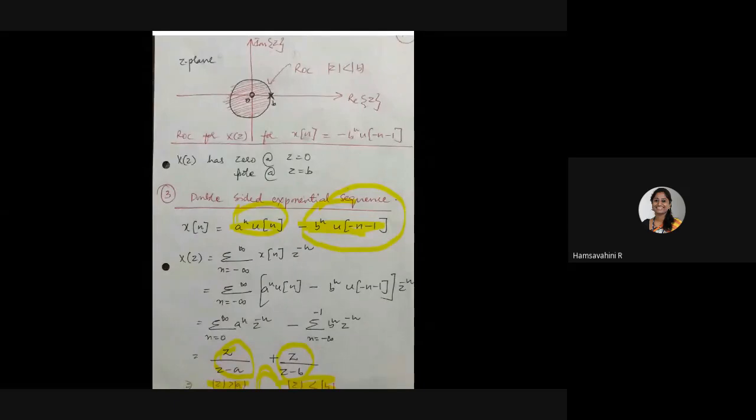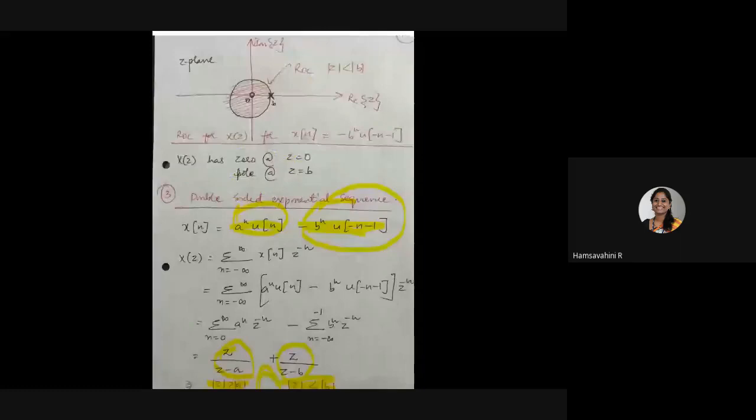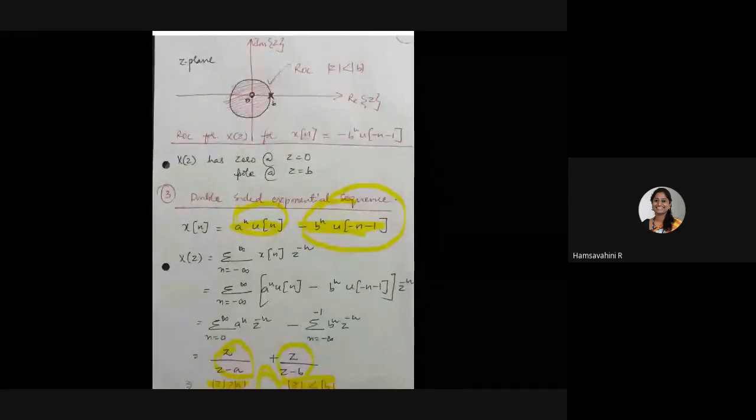So I should omit the value Z equal to A, and I should not consider the value Z equal to B. I can consider any other values. So I get only the finite value of X of Z between the range A and B. So this shaded region gives the ROC for this double-sided exponential sequence.